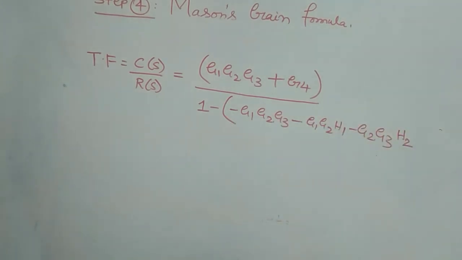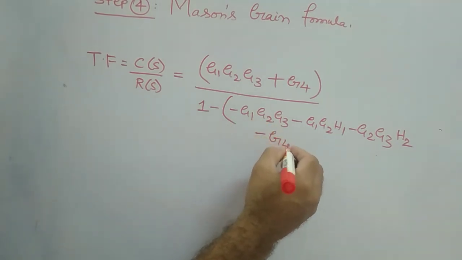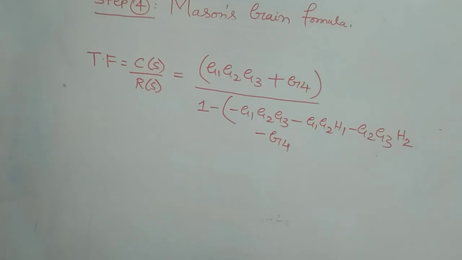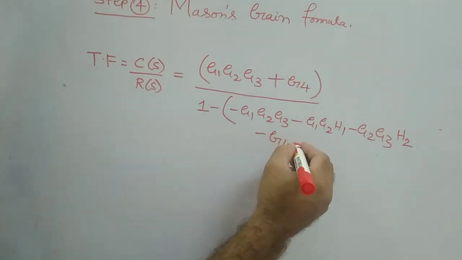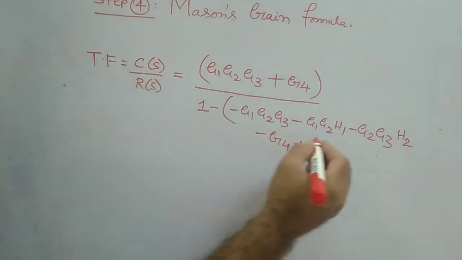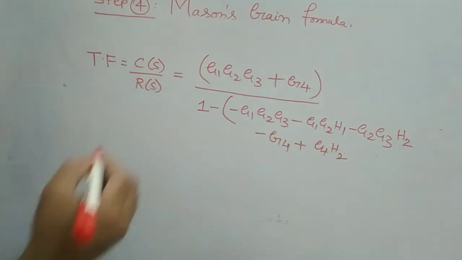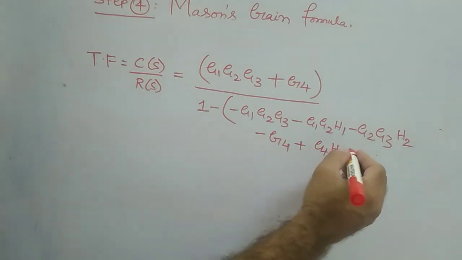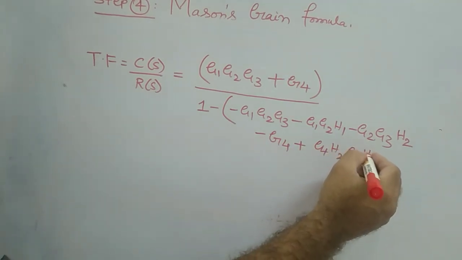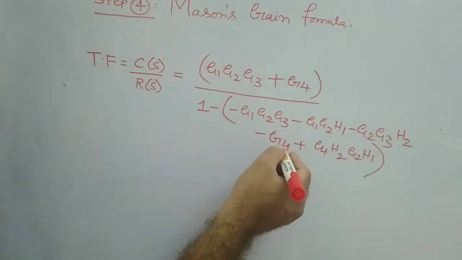Is it not? That is your L3. What is L4? L4 is nothing but minus G4. What is your L5? It is plus basically, because H1, H2 will come. This is G4, H2 and G2, H1. This is your L1, L2, L3, L4, L5.